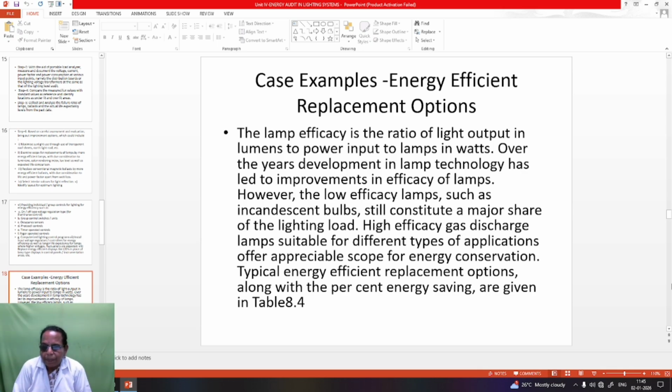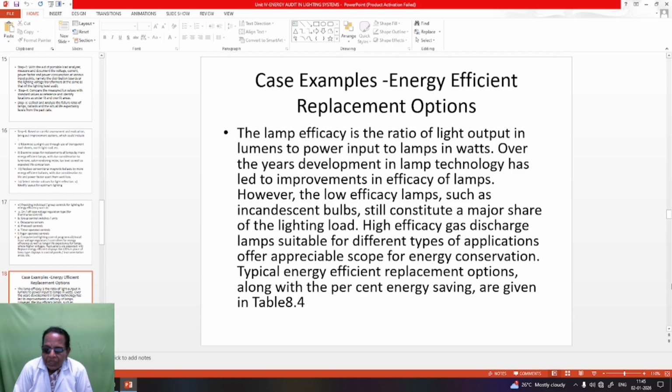Energy efficient replacement options: lamp efficiency is the ratio of light output in lumens to power input to the lamp in watts. Over the years, development in lamp technology has led to improvement in the efficiency of lamps.